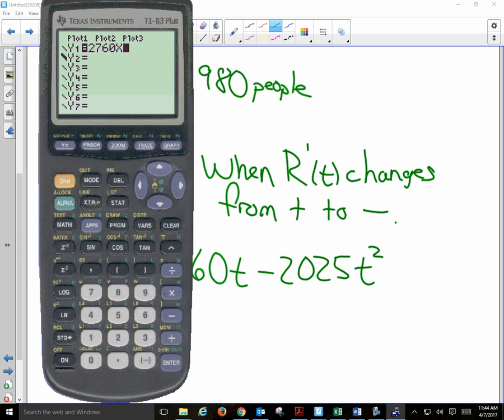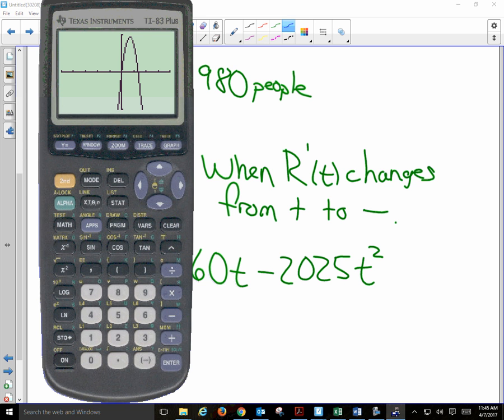2,760t minus 2,025t squared. And I'm going to check that graph. As I look at this graph, you can see it changes from positive to negative right there, right?